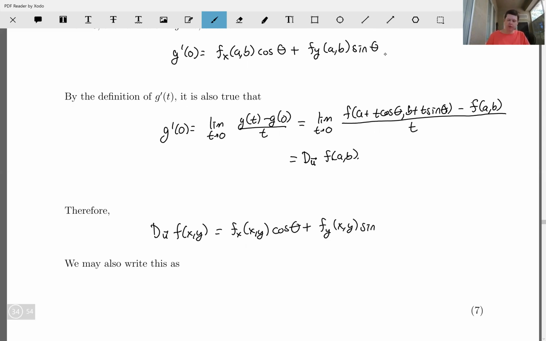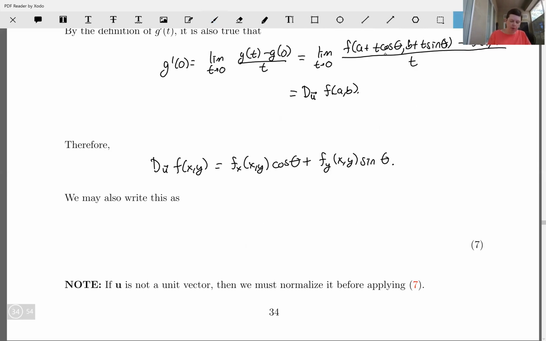We can also write this using component form: the directional derivative of f in the direction of the unit vector u is the dot product of the vector composed of the partials of f with respect to x and y, with u.